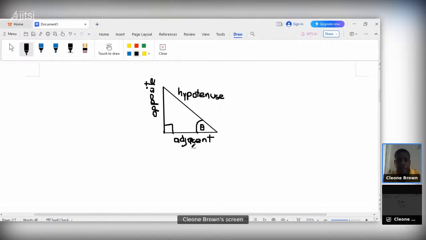Now, in order to find missing sides and missing angles and work out stuff with the right angle triangle, we have what we call the trig ratios. We have three ratios, and you must have heard of SOHCAHTOA.